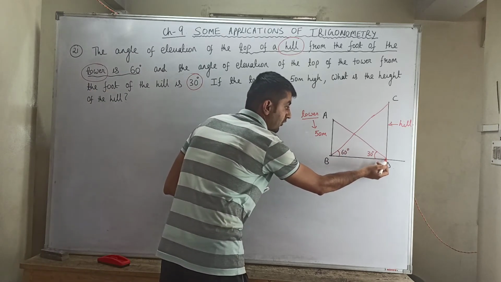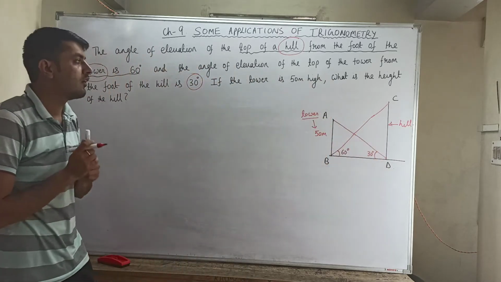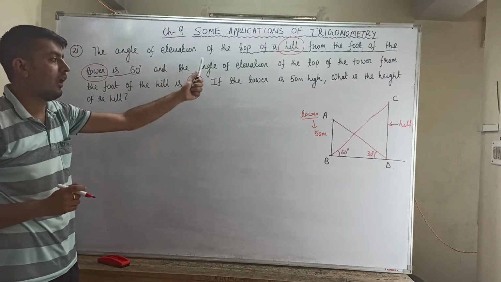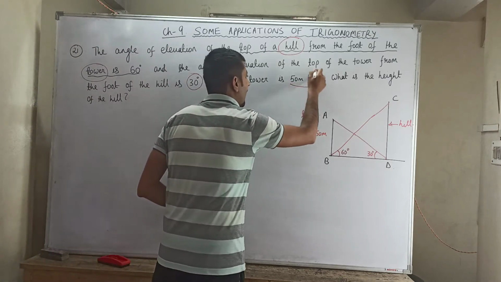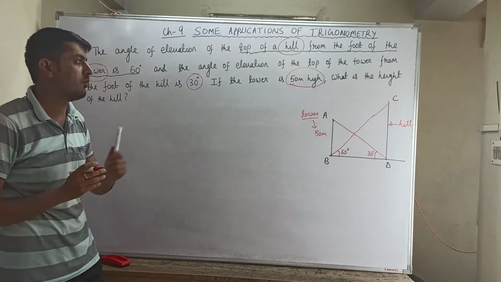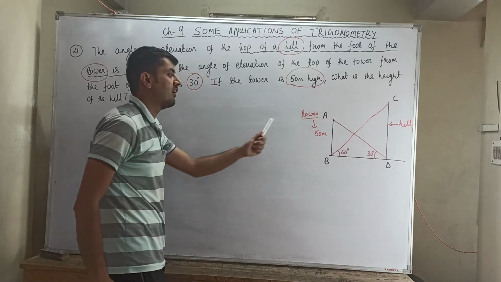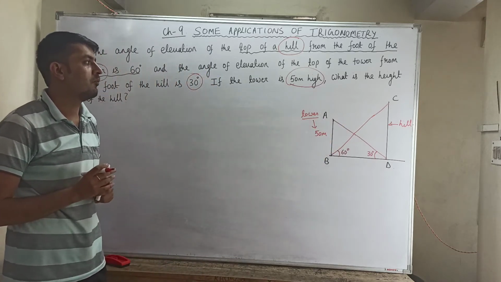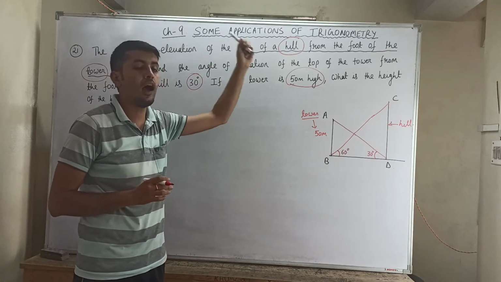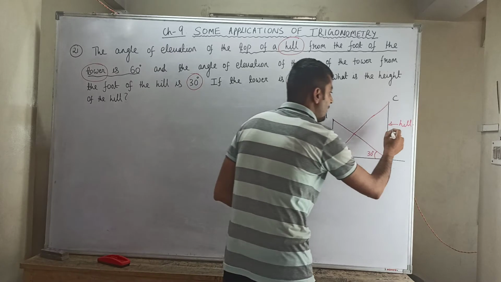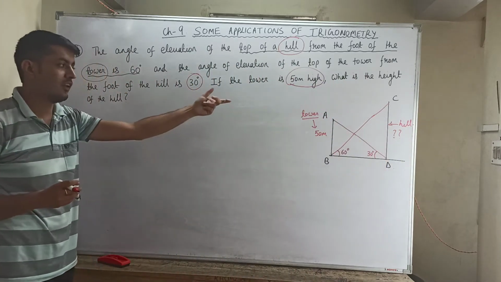This is the foot of the hill; from here to the top of the tower it is 30 degrees. The height of the tower is given to be 50 meters, and they have asked you to find the height of the hill. That means you have to calculate CD. I hope you are okay with the figure.